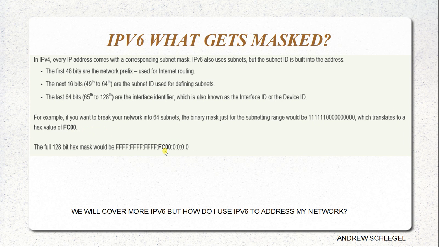So let's say I have the number and I want to break it into 64 subnets. Well, 2 to the 6 is 64, right? So I need 6 network bits. So that's 1, 2, 3, 4, 5, 6. So out of the 16 bits in the 4th hextet, I have to take the first 6 bits, okay?